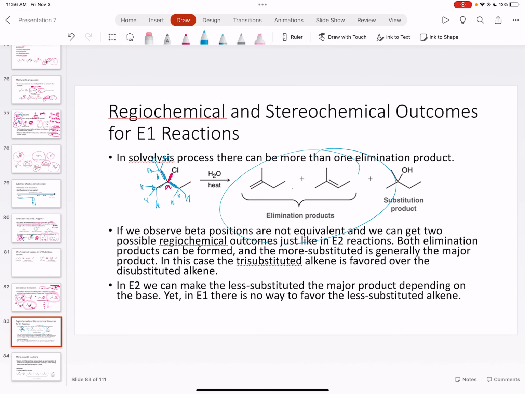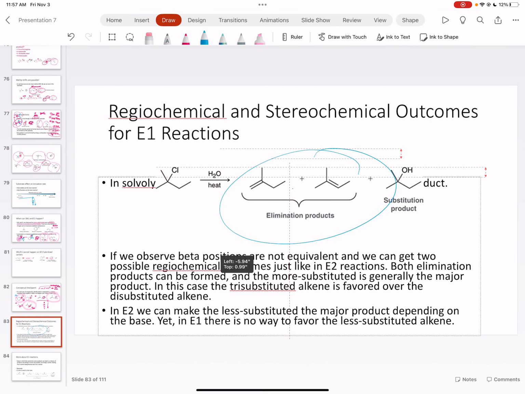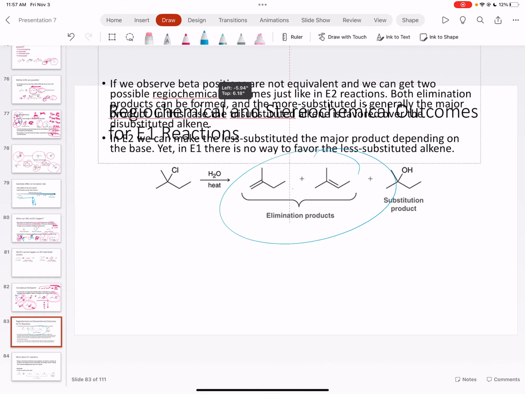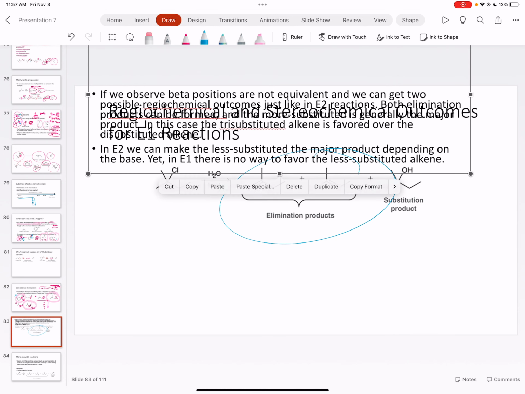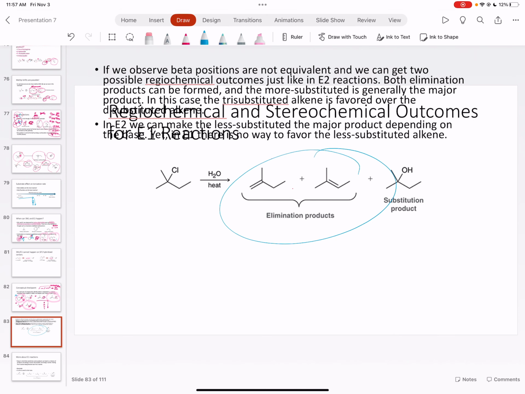And of course, I can always just draw it out for you guys. So now just let me draw it more nicely for you guys. Okay, perfect.